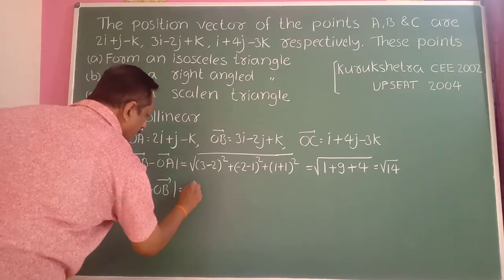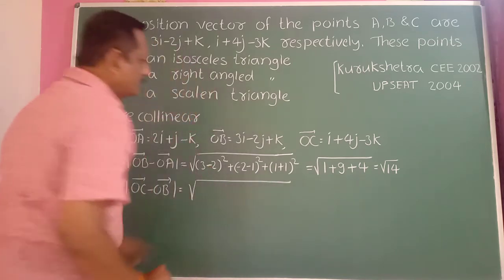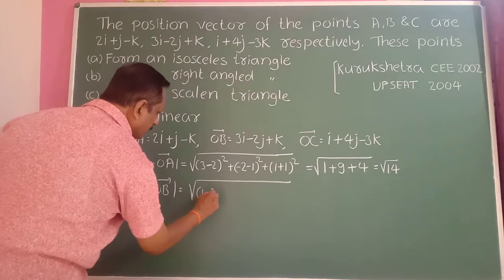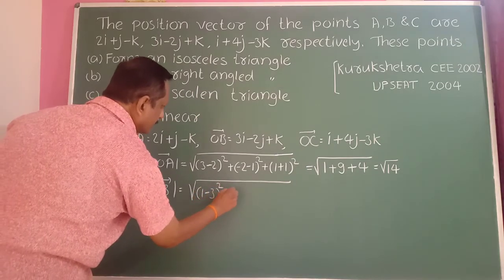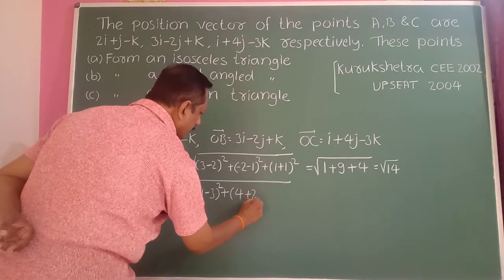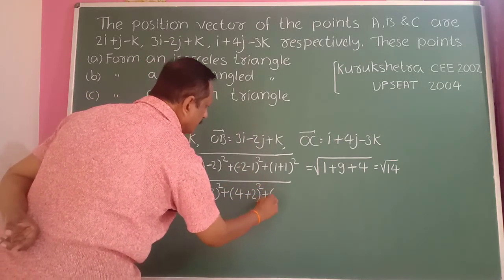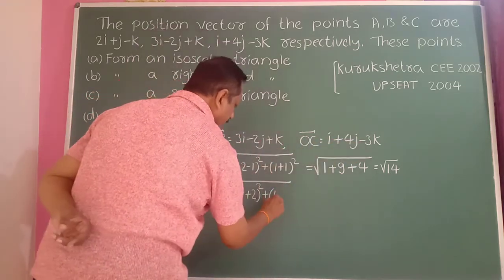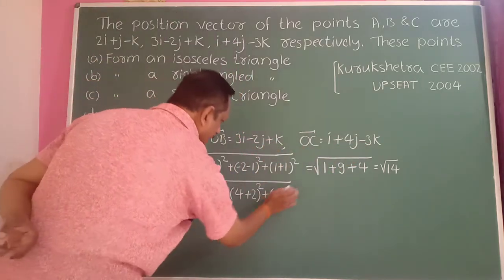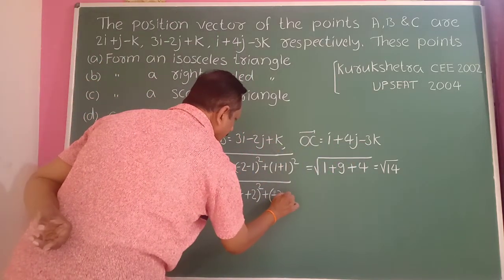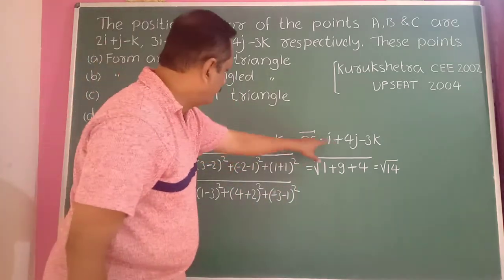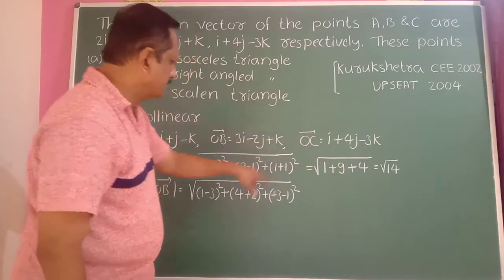That is equal to root of (1 − 3) squared plus (4 + 2) squared plus (−3 − 1) squared. Sorry, OC minus OB here.